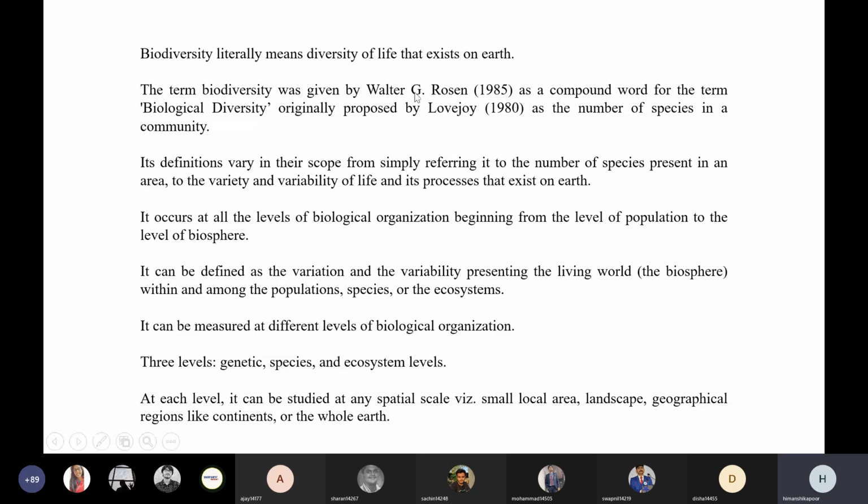This term was given by a scientist named Walter G. Rosen. He combined biological diversity into biodiversity, and it means the variety of organisms, species, and populations which exist on Earth.